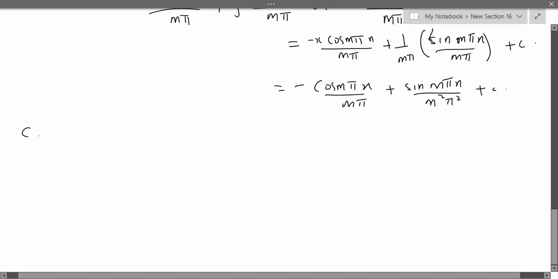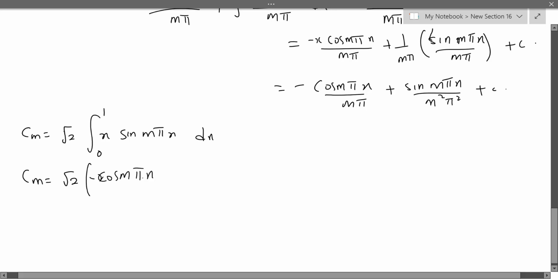So we have c_m is equal to root 2 times the integral of x sine m pi x from 0 to 1 dx. So c_m now is equal to root 2 times, this integral has been solved to be minus x cos m pi x over m pi plus sine m pi x over m squared pi squared.